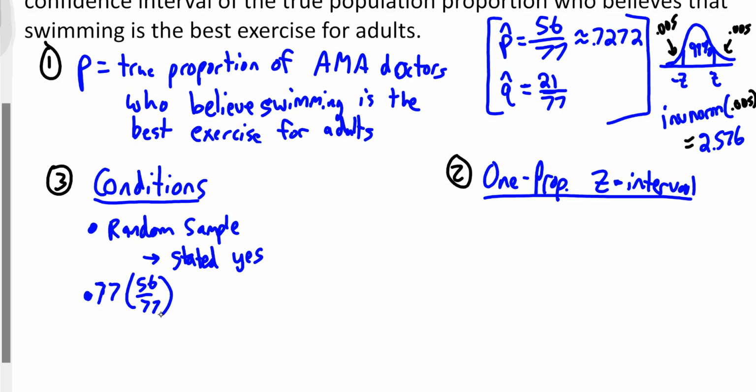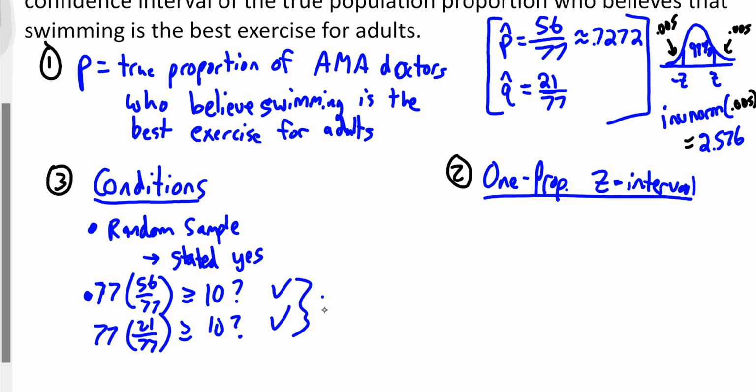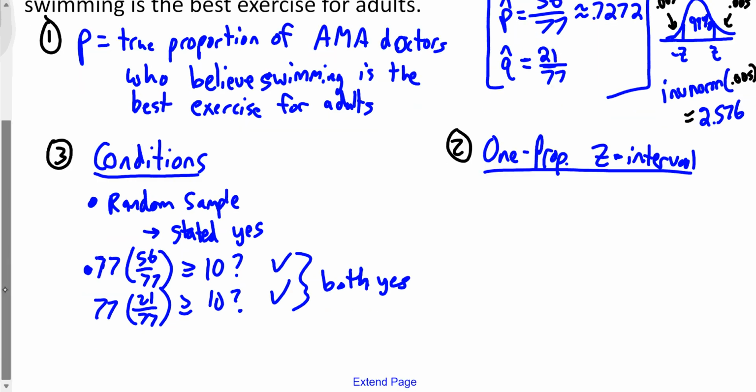Is that greater than or equal to 10? Yes. And is 77 times the other one, 21 out of 77, q hat, greater than or equal to 10? Yes. So we can say both yes here. So we will proceed. And the last condition that needs to be met is the 10% rule for independence. Is 77 less than 10%?